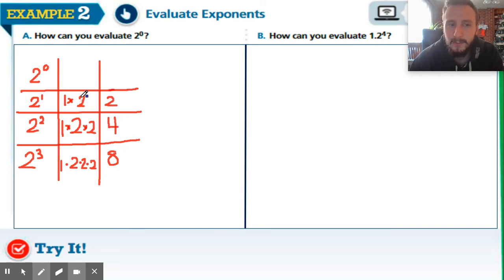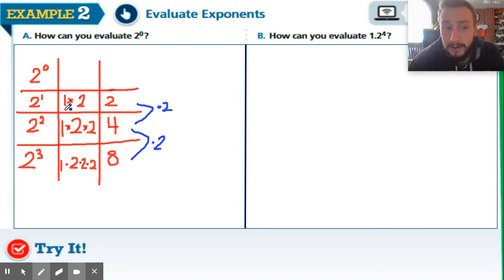What are we seeing is happening here? You're multiplying by 2. 2 to get to 4, you times it by 2. 4 to get to 8 is timesing it by 2. So 2 to the power of 0 would be what?